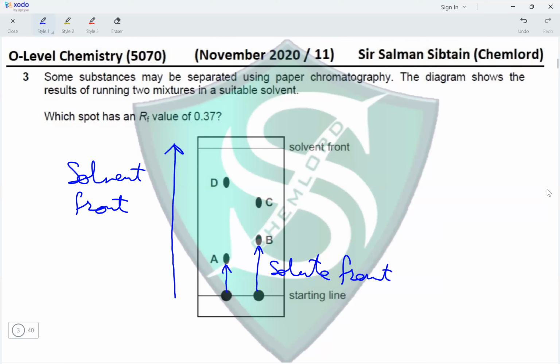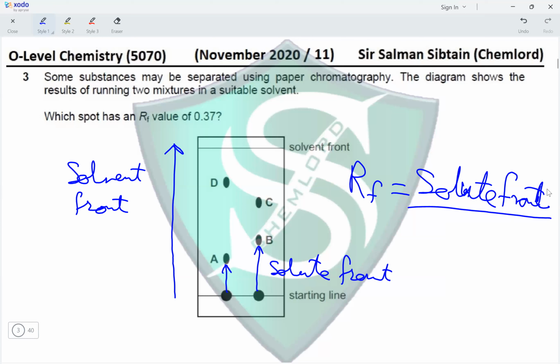So we will calculate the RF value by using the formula solute front divided by the solvent front. Now, one thing, the closer the solute front is to the solvent front, the bigger would be the RF value calculated.